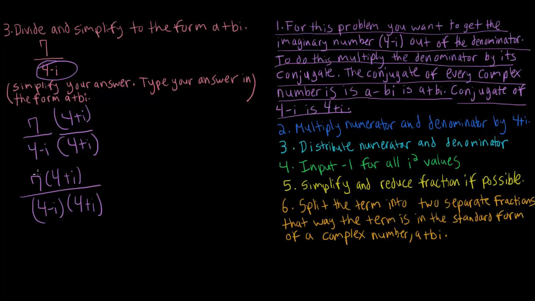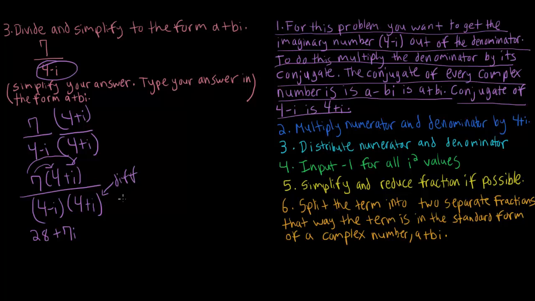Well, we distribute the top. So you have 7 times 4, which is 28. 7 times i, which is plus 7i. And if you notice in the bottom, 4 minus i times 4 plus i is a difference of squares.